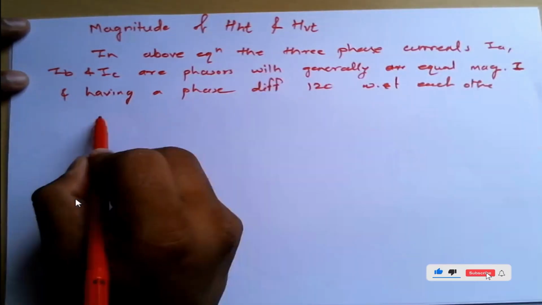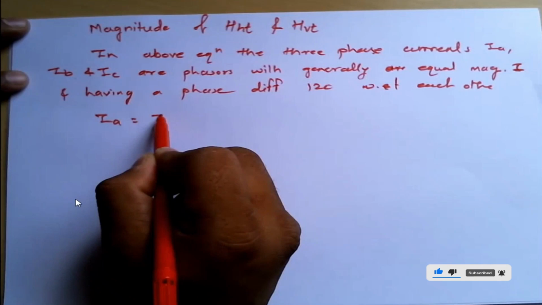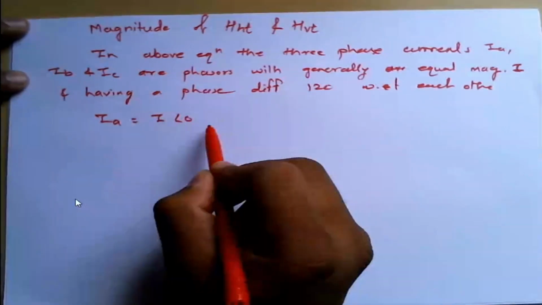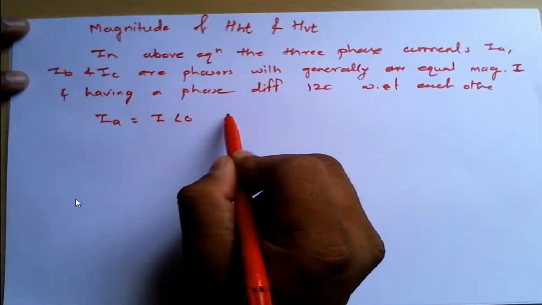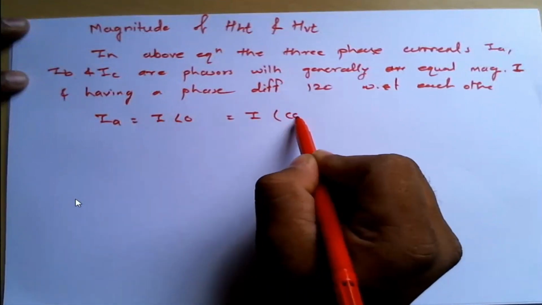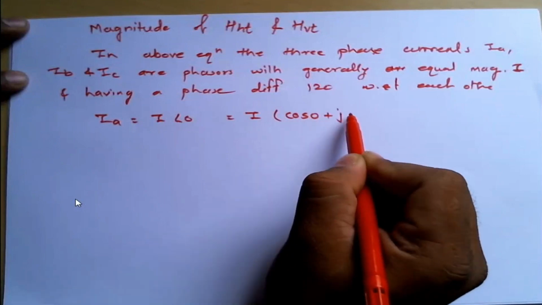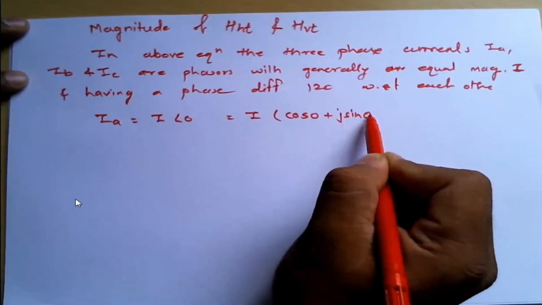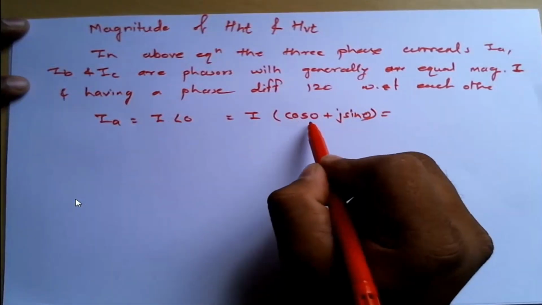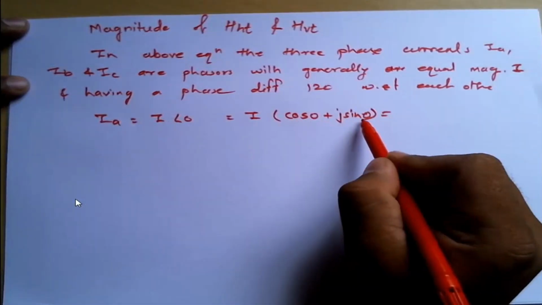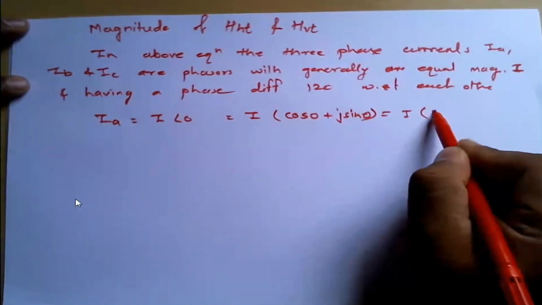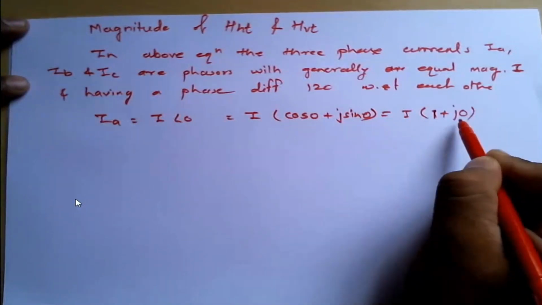So let us write down the equation for this current. IA is equal to I at an angle of 0, right? In rectangular form, this can also be written as I in bracket cos of 0 plus j sine of 0. What is cos of 0? It is 1, and sine of 0 is 0. So it is I in bracket 1 plus j0.